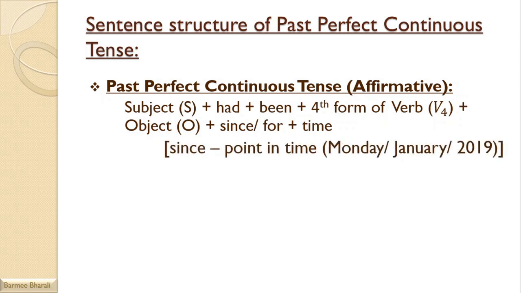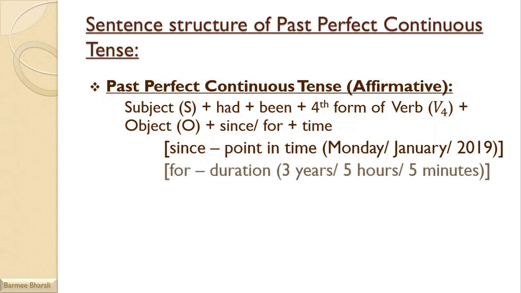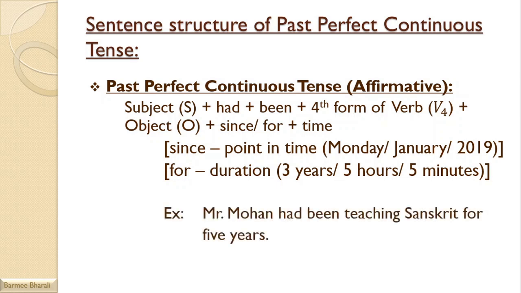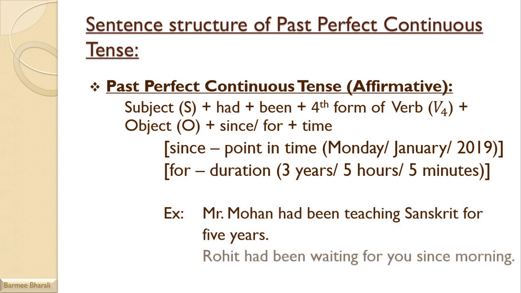We use since to show a point in time like Monday, January 2019, etc. and for to show duration like 3 years, 5 hours, 5 minutes. For example, Mr. Mohan had been teaching Sanskrit for 5 years. Rohit had been waiting for you since morning.